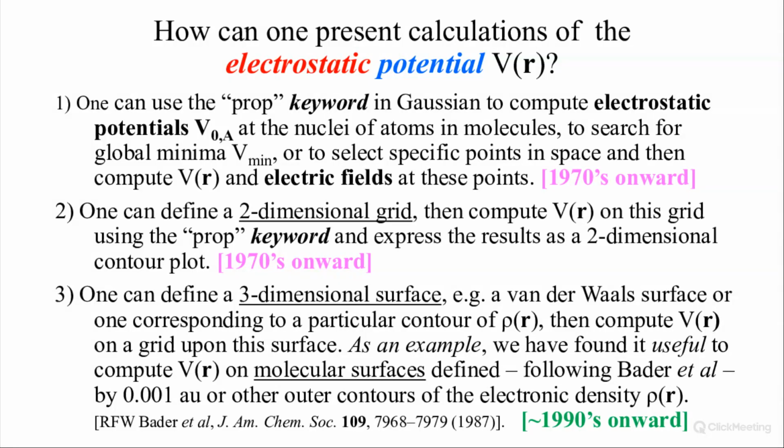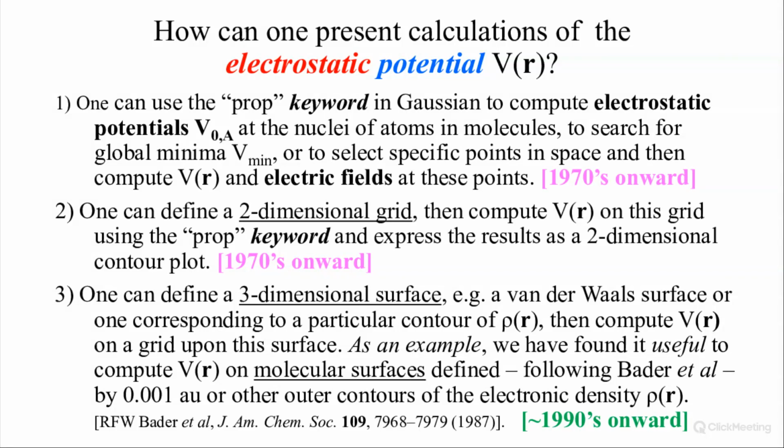And then at the same time, you could define a two-dimensional grid also using the prop keyword and plot that as a two-dimensional contour plot. Let me say that I jumped into this area using the prop keyword all the time because first of all, we were using Hartree-Fock wave functions. The electrostatic potential is a one-electron property and therefore can be calculated even fairly nicely with Hartree-Fock wave functions.